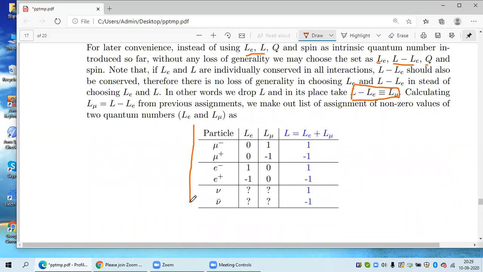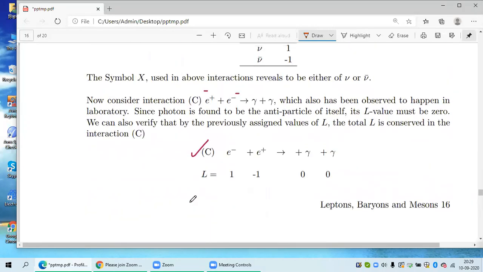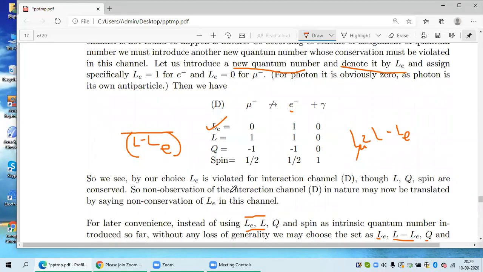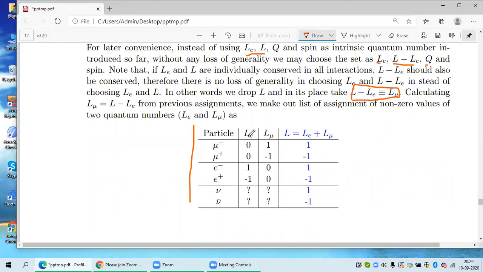So look at this table. First I showed this table, so I wrote the same table here only by using a new quantum number Le. L mu is already assigned, 1 and -1, that was there in the previous table.